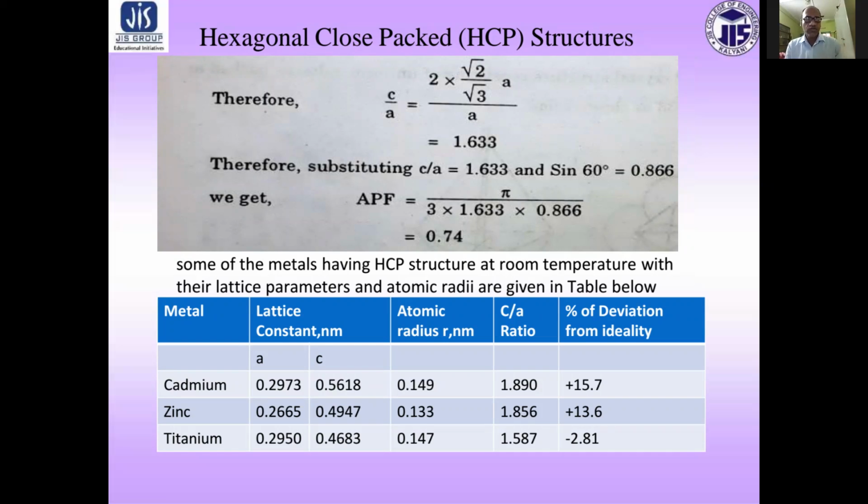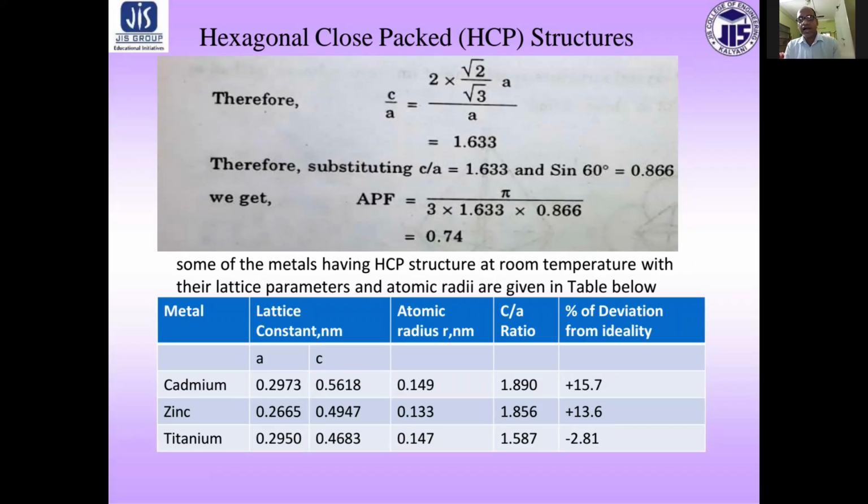So the PT value we have just calculated, that is root 2 by root 3 into A. So 2 into root 2 by root 3 into A, and the A value, that is given as RS, which is equal to A. Now if we calculate this one, it will give approximately 1.633.